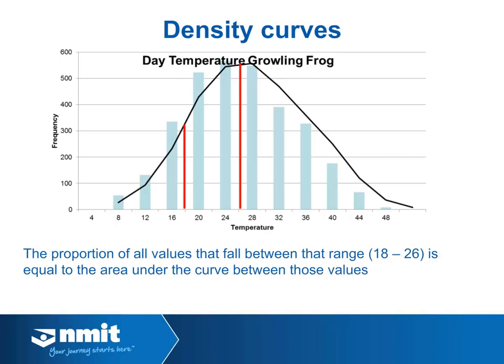I put a red line from where 18 is on the x-axis going vertically up to meet our curve, and the same at 26. The area under the curve between these 2 points, assuming that the area under the entire curve is 1, so whatever the proportional area is between those two red lines, will equal the proportion of all recorded values that were found between 18 and 26 degrees.